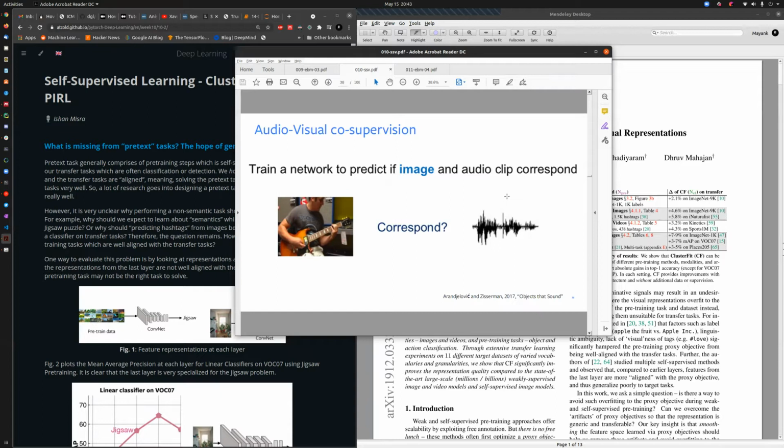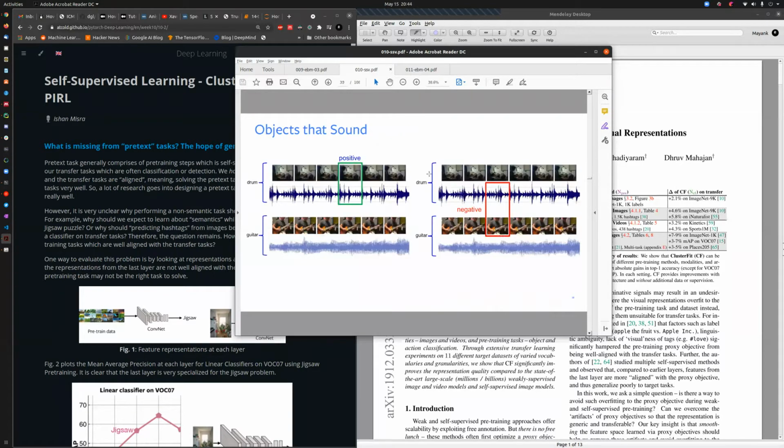DeepMind's audio visual co-supervision example, in which the sound and the video that corresponds to it go through a network. So how do we do that? A couple of networks that can go side by side to determine that. We looked at the architecture and delved in a bit.